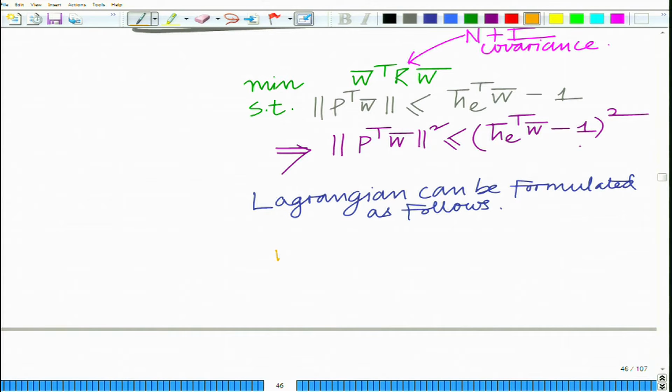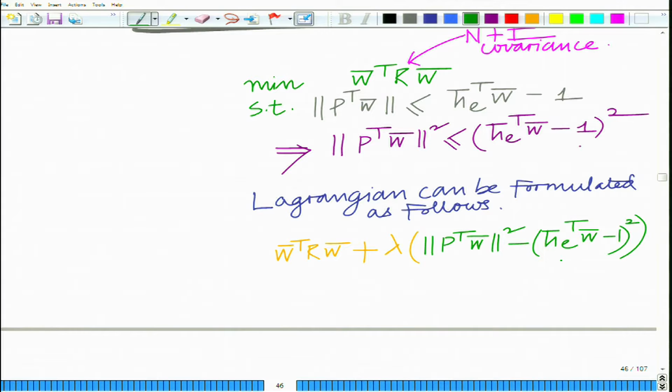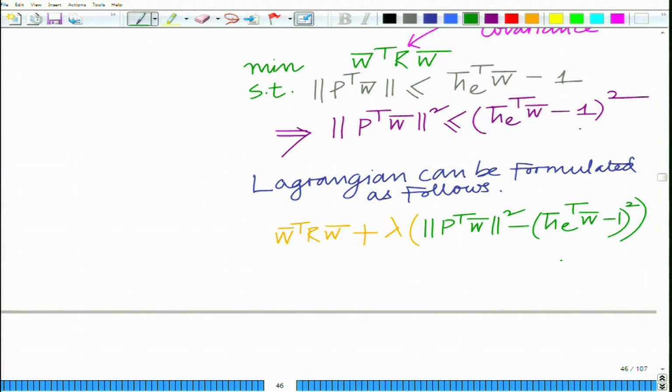So, that will be W bar transpose R W bar plus lambda times, we write the constraint, that is norm P transpose W bar square minus H bar E transpose W bar minus 1 whole square. Okay. So, this is the Lagrangian. Lagrangian is obviously a function of W bar and lambda, so you can write this as f of W bar comma lambda.